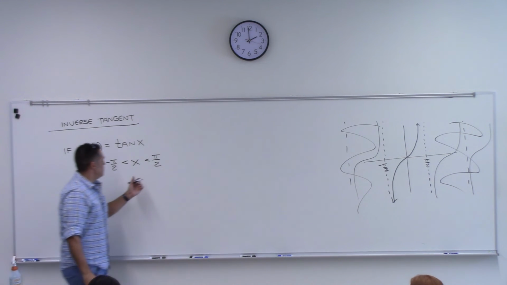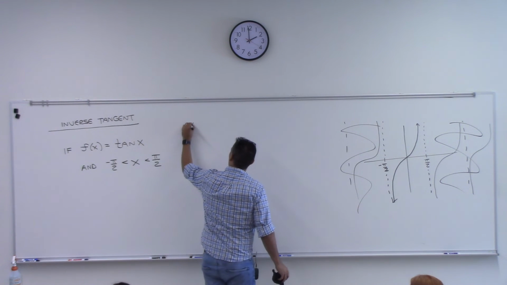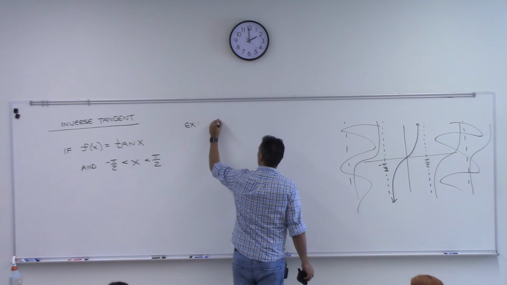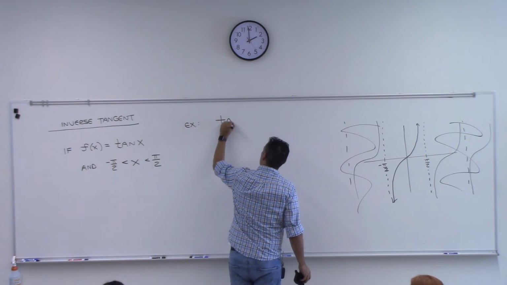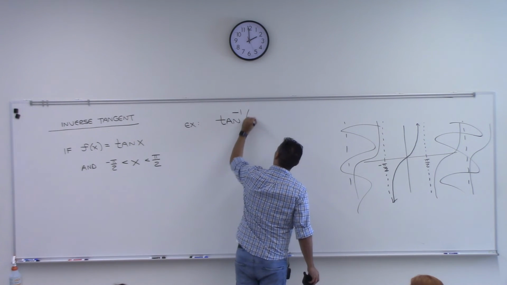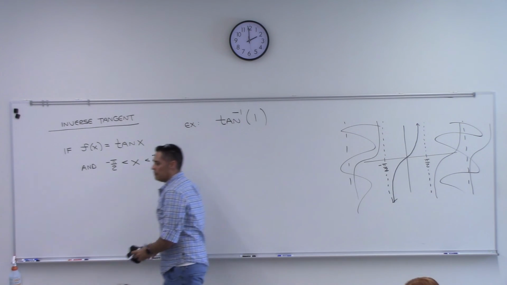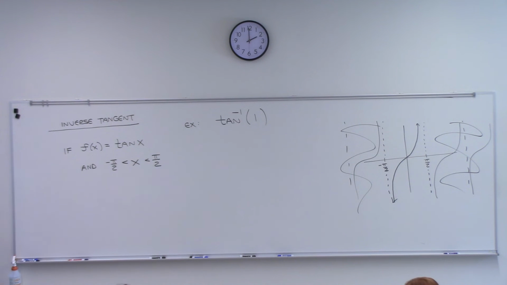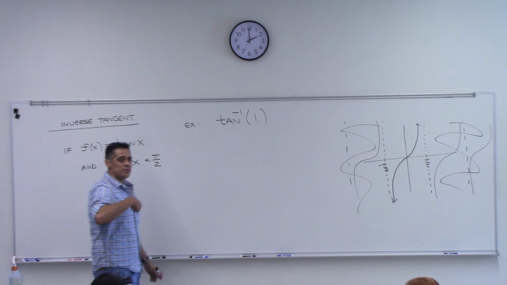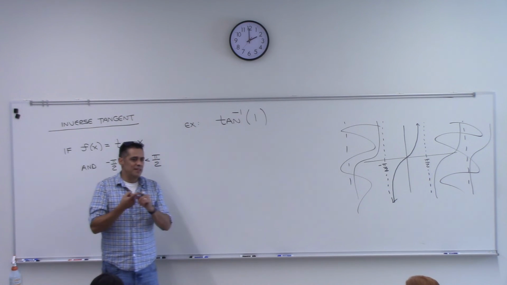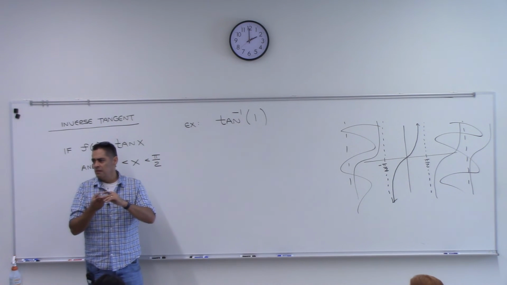All right, let's try some. These are a little harder. What's inverse tangent of 1? All right, let me talk through this. On the unit circle, tangent isn't the x-coordinate, right? That's cosine.